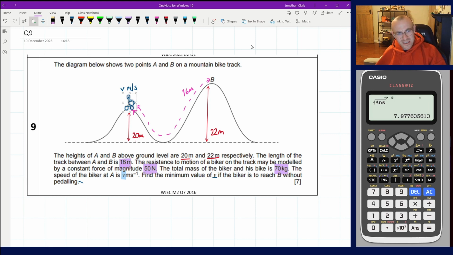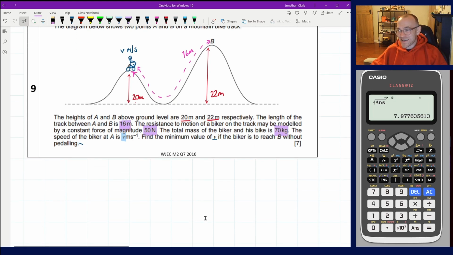What I'm also thinking is, if he's going to reach B without pedaling, I want to find the minimum value of v. So really, I want him to basically stop right on the top of the hill, so no extra energy is expended. I want the absolute minimum speed that he's traveling at this point to just about get here. Leaving part of my bike behind.